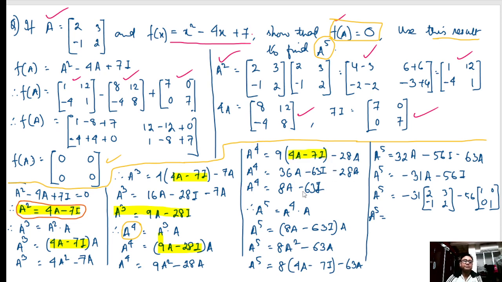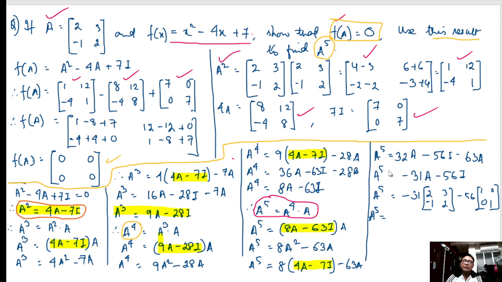And we are calculating it. We are getting this. Now we have to find out what is our A5. So this is how to do A5. This is A5, A4 into A. This is my A4, this is my A4 into A. And now instead of A square we are putting this value. So it is this, 32A minus 56I. So it becomes this.